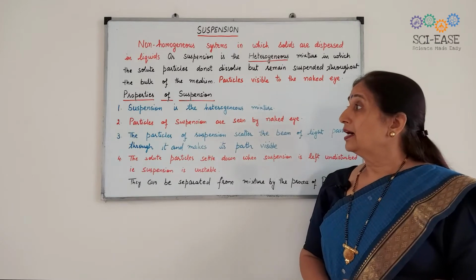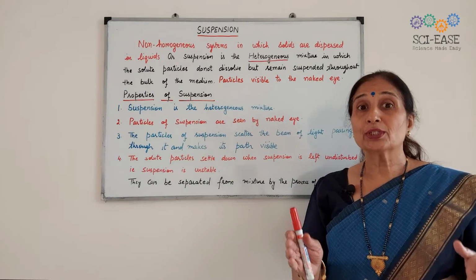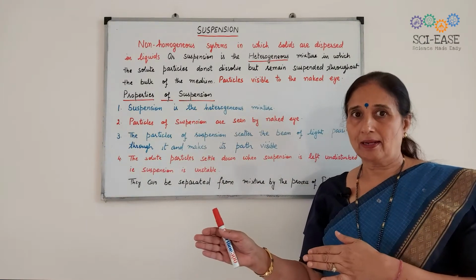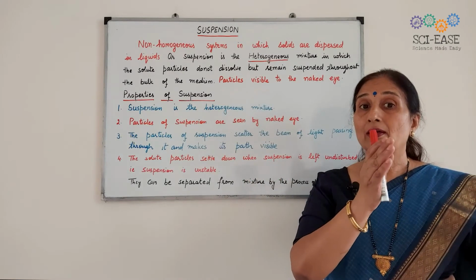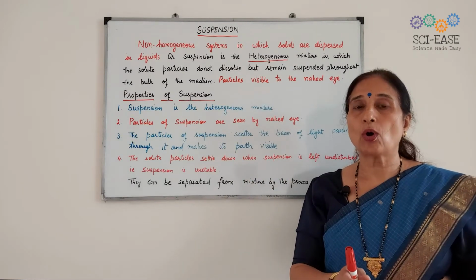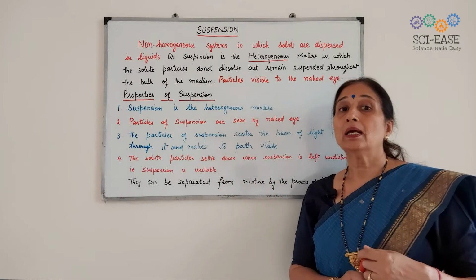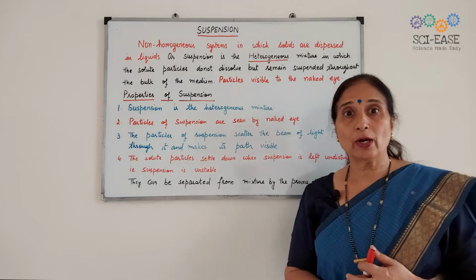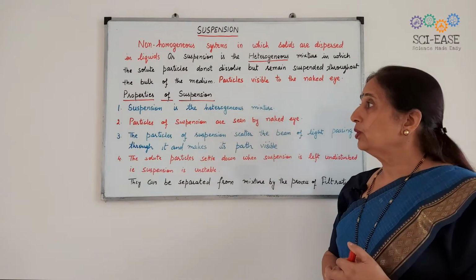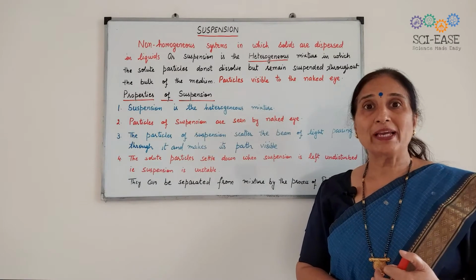Now, I will tell you the properties of suspension. Likewise, we discussed the properties of true solution. Sometimes the question, difference between true solution, suspension and colloid, is asked. So, what are the properties of suspension?